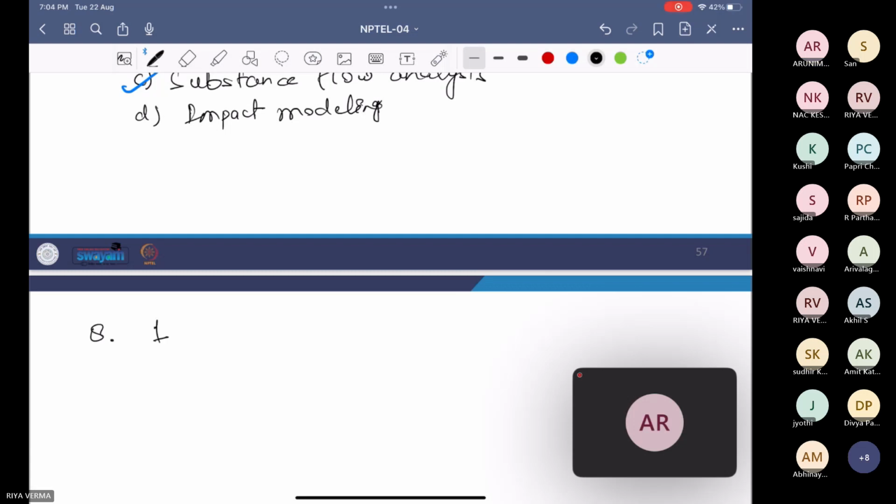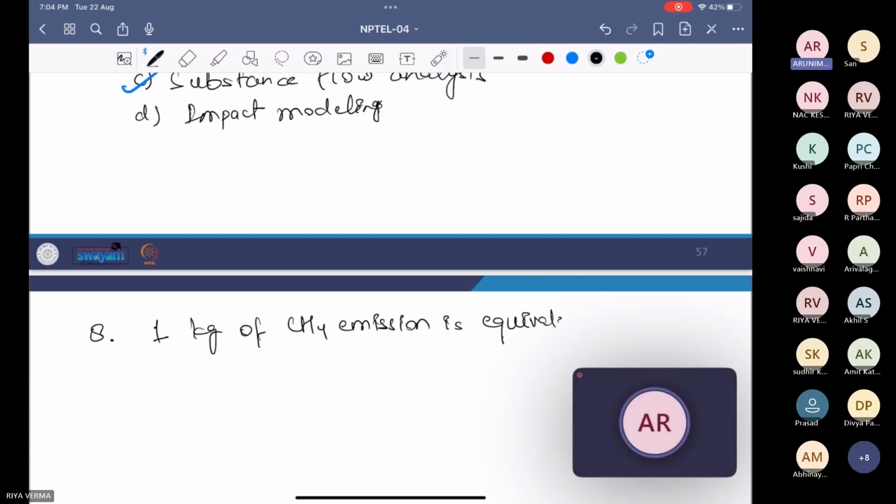Eighth question: 1 kg of CH4 emission is equivalent to 20 kg of CO2 emission.